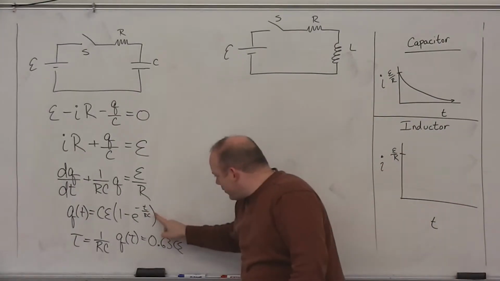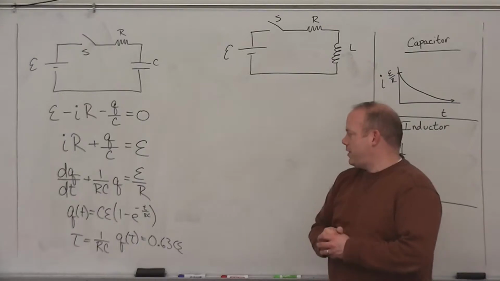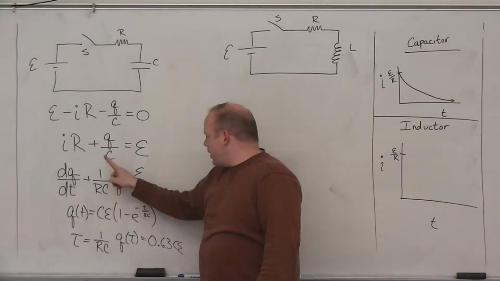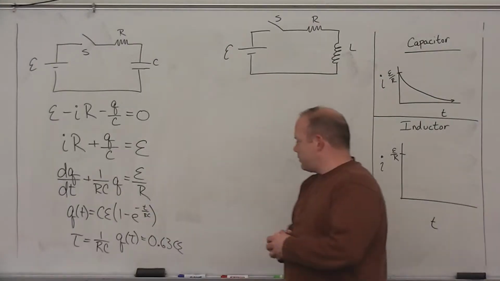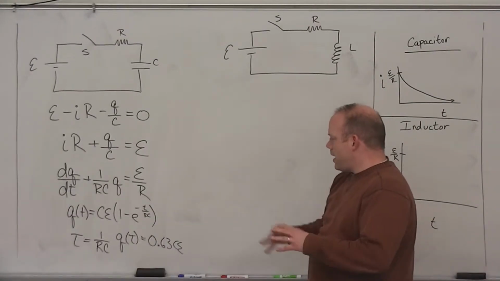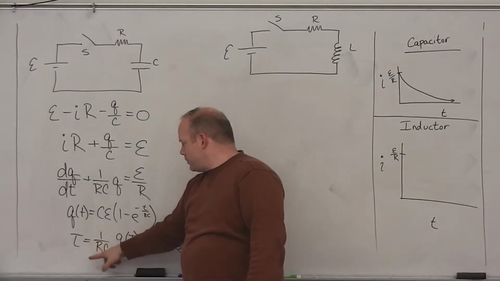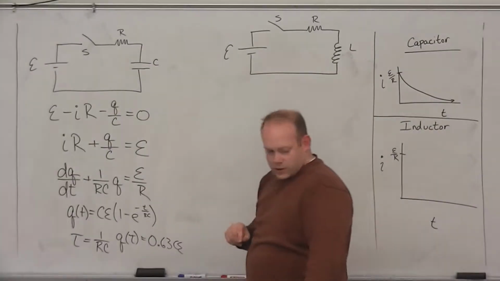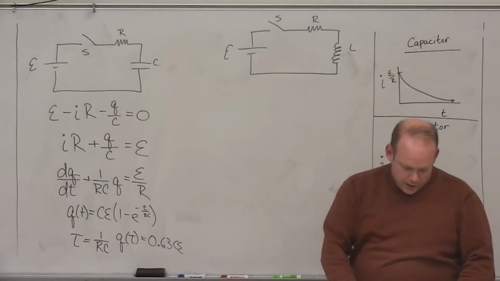Right here, this is our time constant, RC. So I have 1 over RC here, and I have 1 over RC here. Time constant, tau, is equal to 1 over RC.